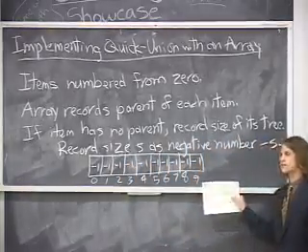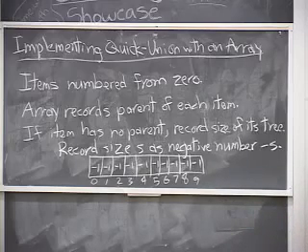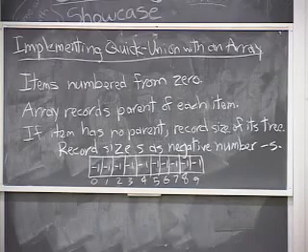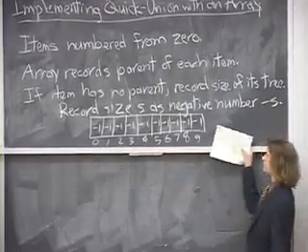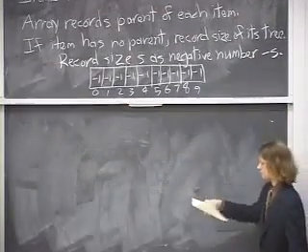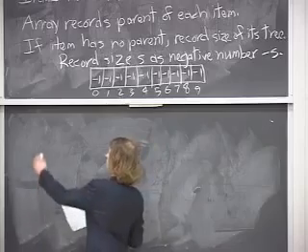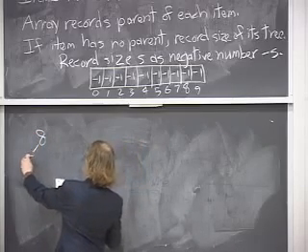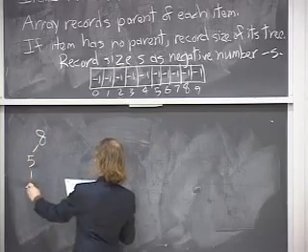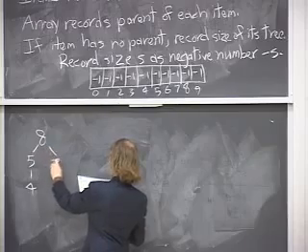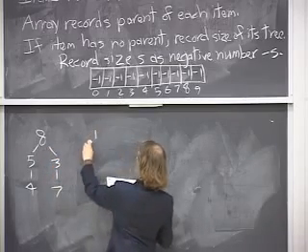So that's what the disjoint set data structure starts out looking like before I do any union operations. But then, well, let's do some union operations. Suppose I wind up with trees that look like this.